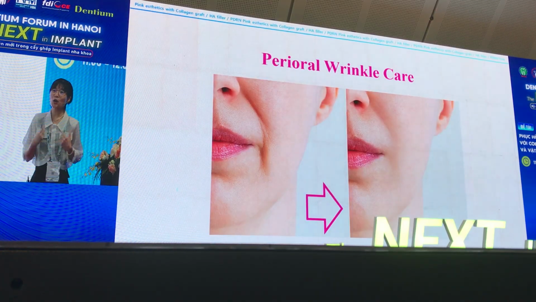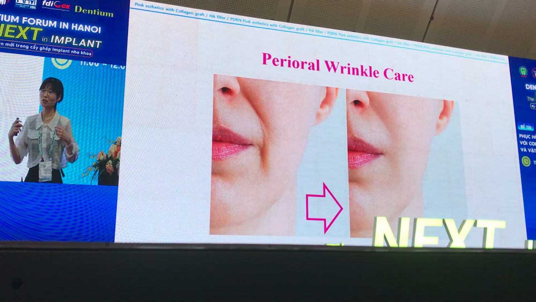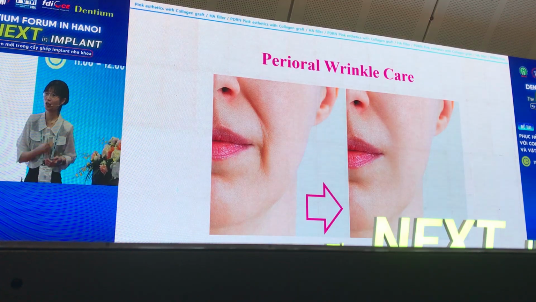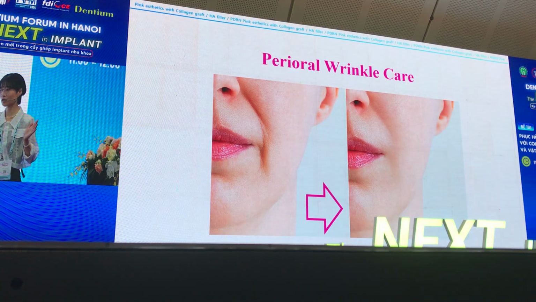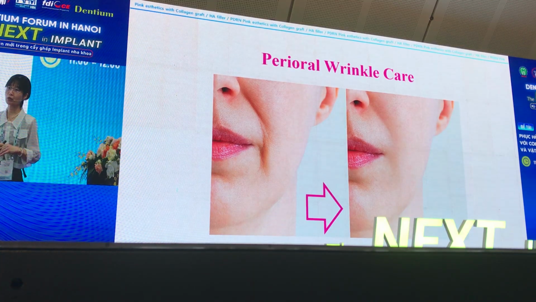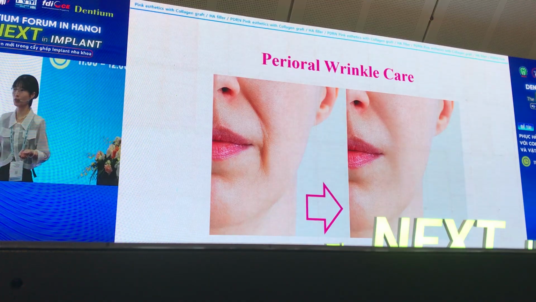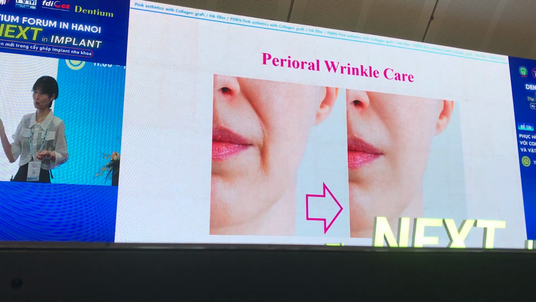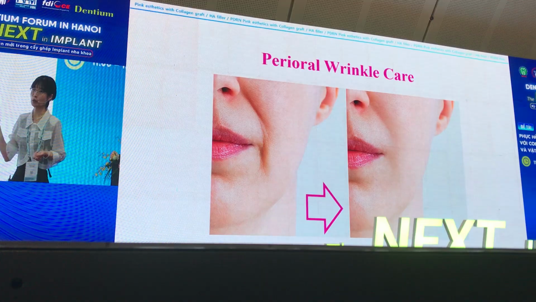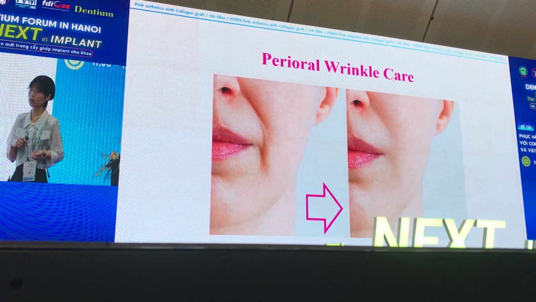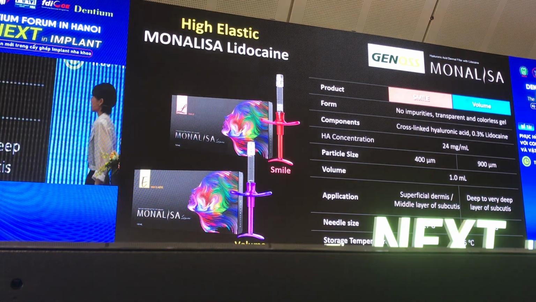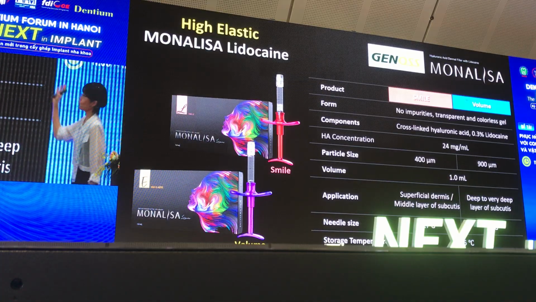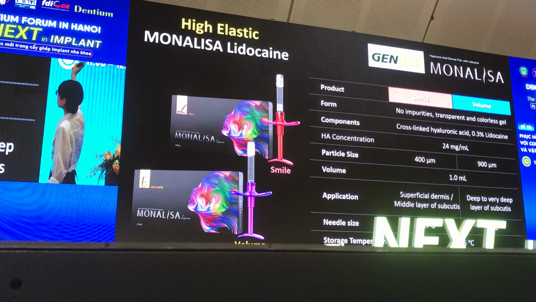So I always try to do the repairing of the face using the low volume of tools. Today I would like to introduce the molecular pillars for the lifting of the face and also the treatment of black triangles. This is a high elastic monophasic lubricate HA filler. There are two types. One is smile and the other is volume.